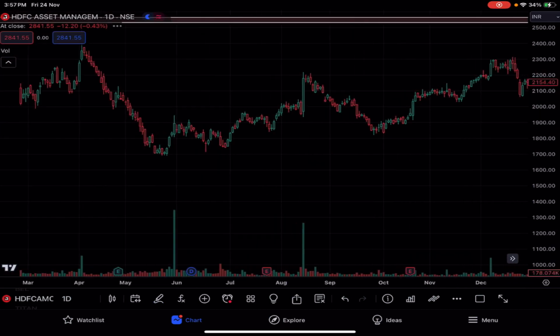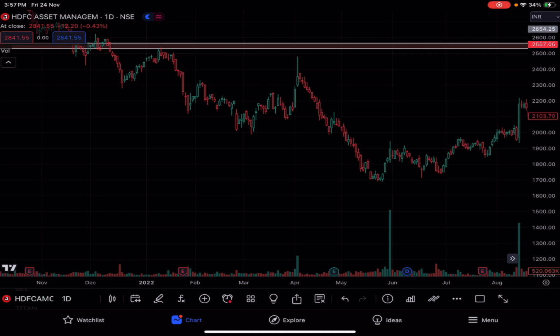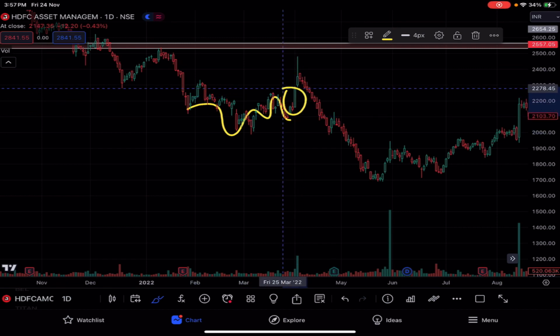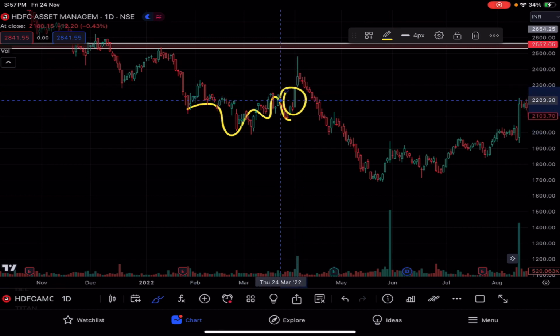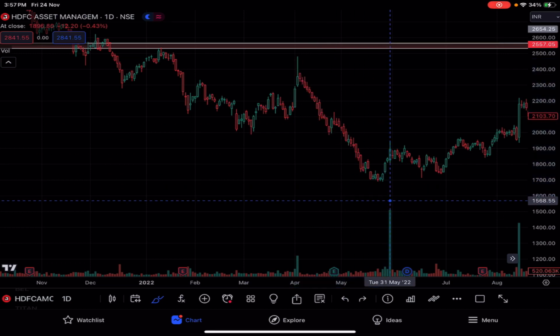Let's take an example. Let's look for a good example. If you look at this, the uptrend was going on and here it made a big green candle. What happened after that? Big green candle with no lower wick, and the price came crashing down. So whenever the trend is coming to an end, usually the last bars are spikes.